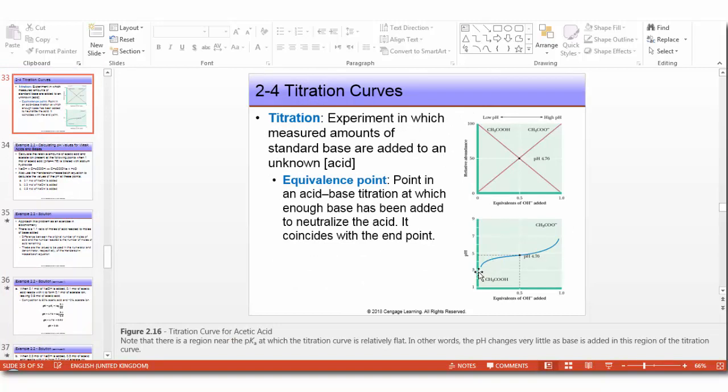At a pH value lower than the pKa, the proton is on. When the pH is greater than the pKa, the proton is off. So at the beginning here, the proton is on, which means the acid is protonated, and at the end we have the proton off, the acid is deprotonated, and in the middle it's half protonated.